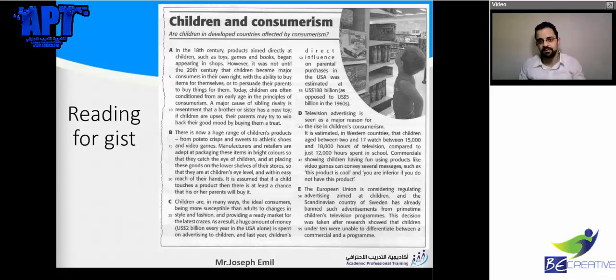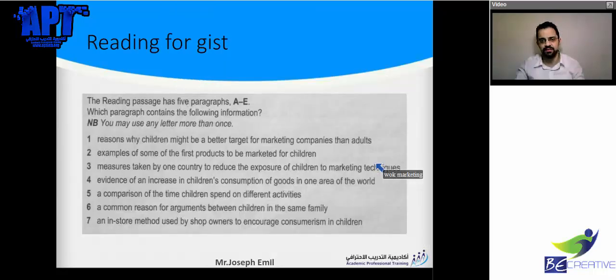A text like this, I'm saying text a lot now, let's say essay or a piece like this, usually, especially the one that has letters next to it, almost always has something like this here.